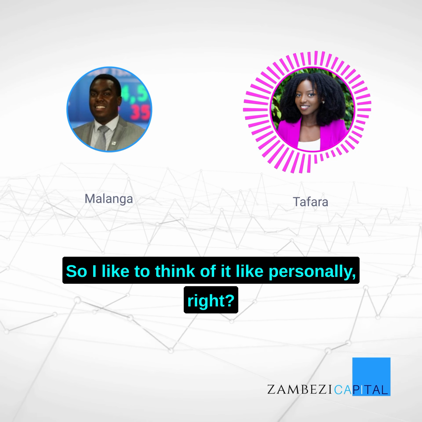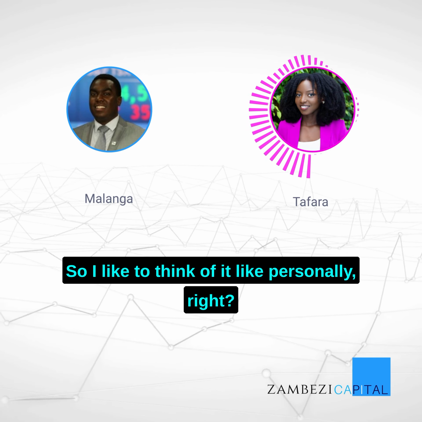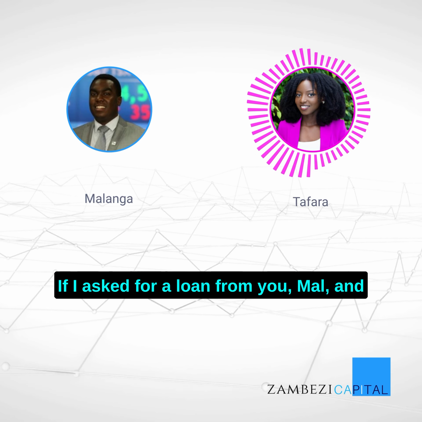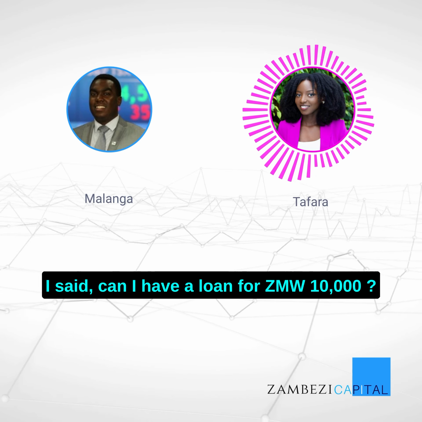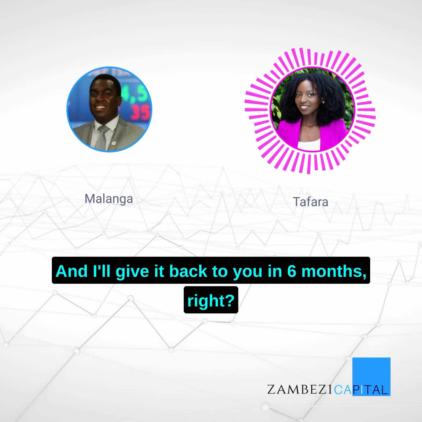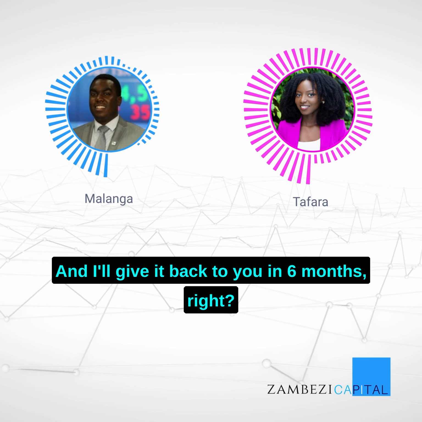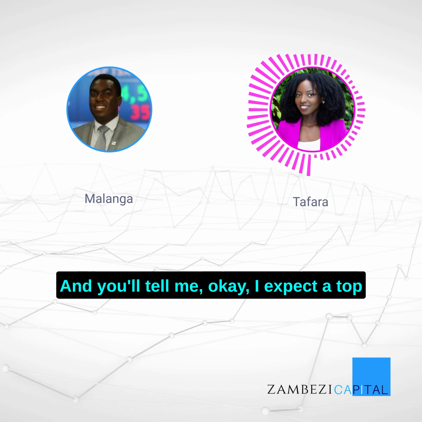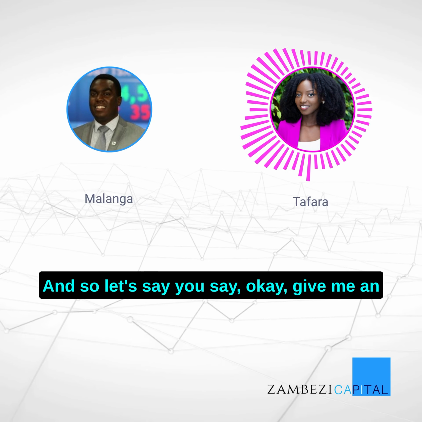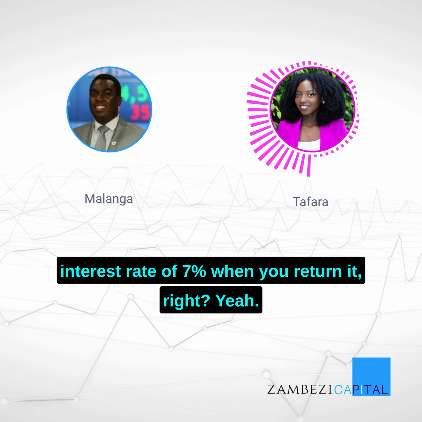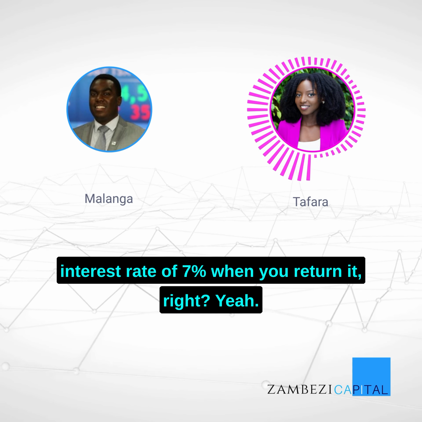Yes. I like to think of it personally, right? If I asked for a loan from you, Mal, and I said, can I have a loan of 10,000 kwacha, and I'll give it back to you in 6 months, you'd tell me, okay, I expect a top-up when you return the loan. Let's say you say, give me an interest rate of 7% when you return it.